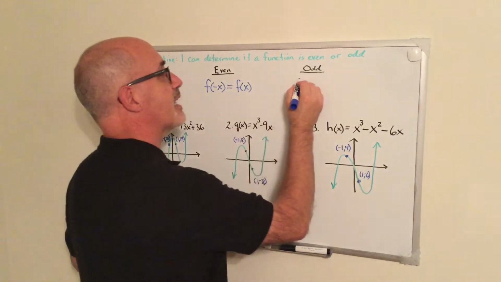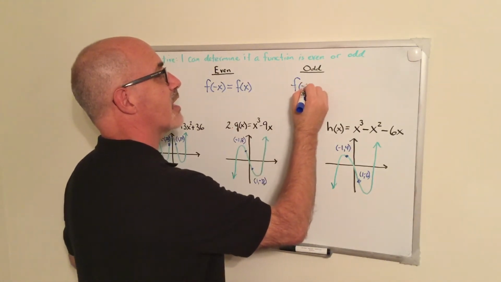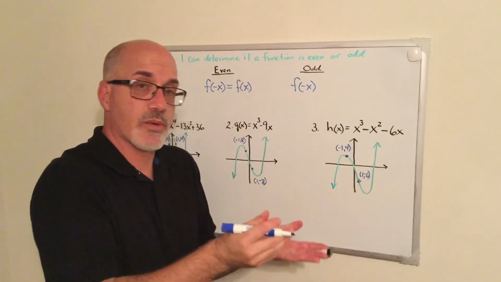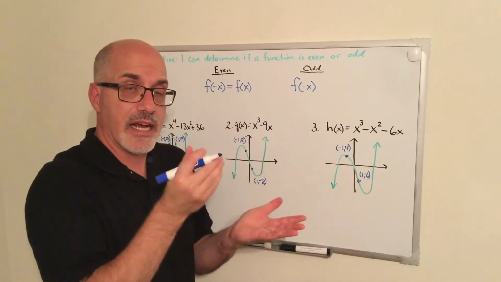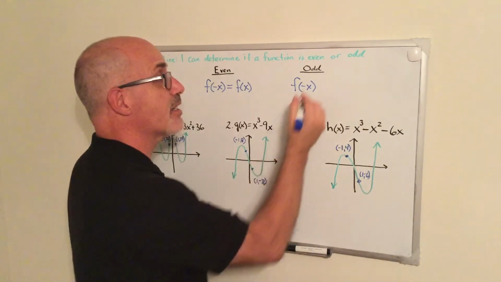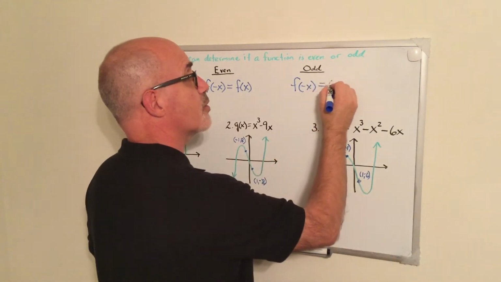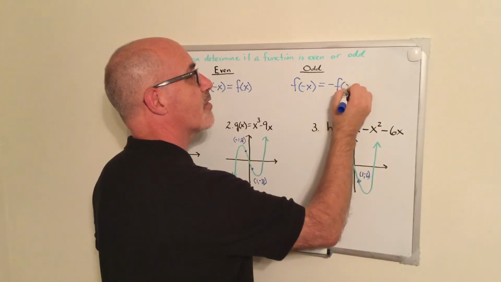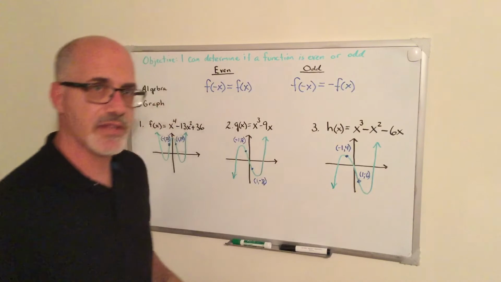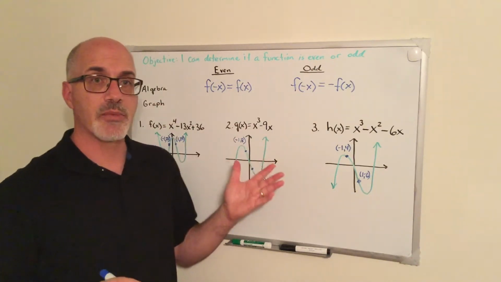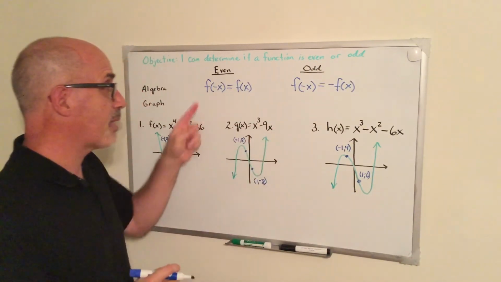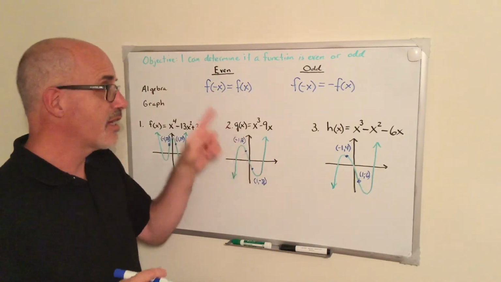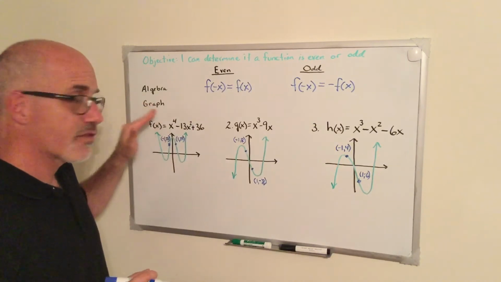Similarly, if you put the opposite of x into it, so if you look at -8 compared to 8, it's going to be the opposite of the y value of the function without the negative there. So we're going to do that algebraically to determine it by putting the opposite of x into the function. So that's how you do it using algebra.